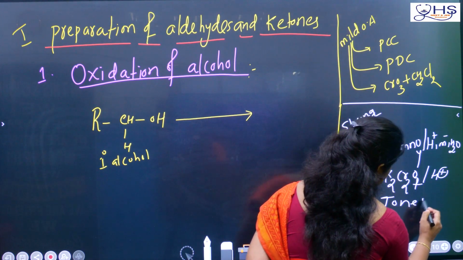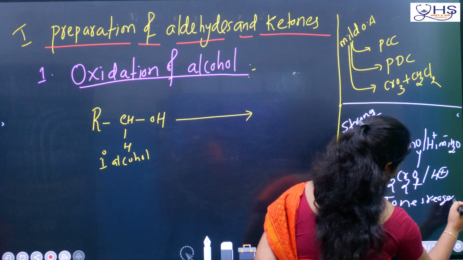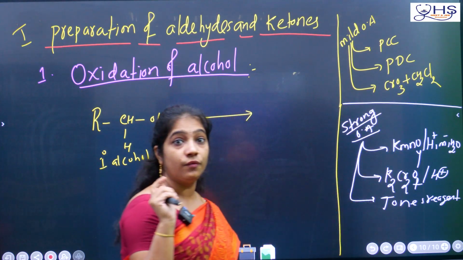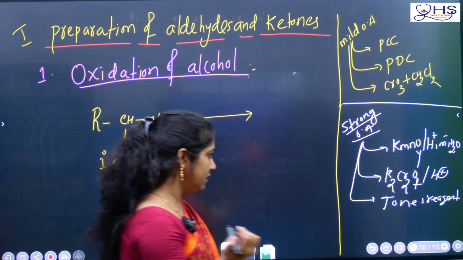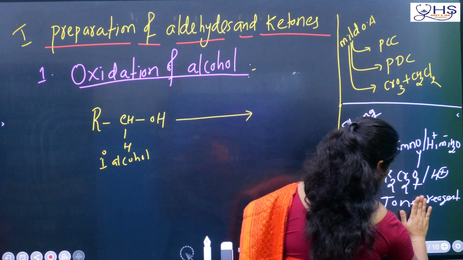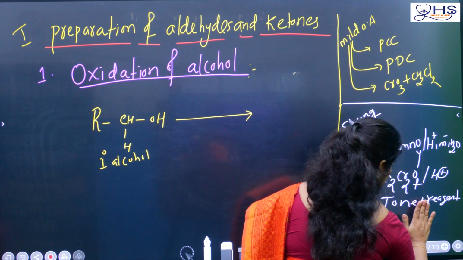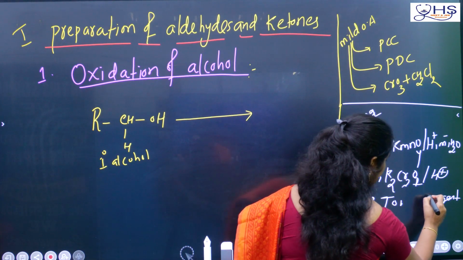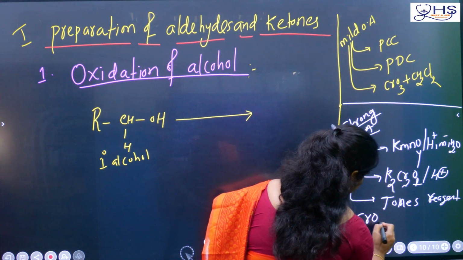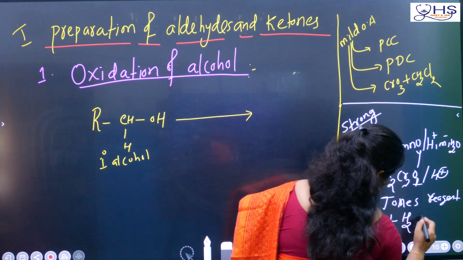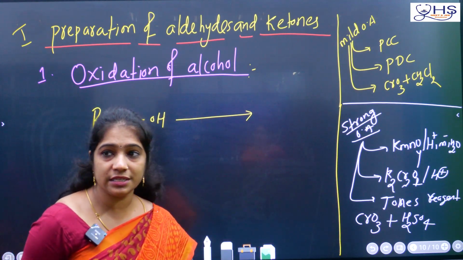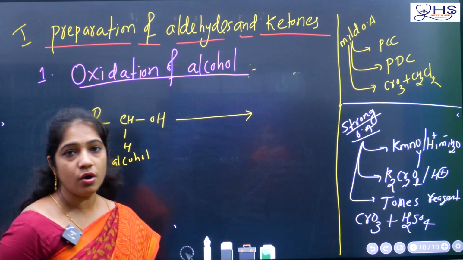What is Jones reagent? See, CrO3 plus CH2Cl2 is a weak or mild oxidizing agent. But if I take the same CrO3 with H2SO4, sulfuric acid, then it will act as a strong oxidizing agent. So CrO3 plus H2SO4, this combination reagent is known as Jones reagent, and this is a strong oxidizing agent.